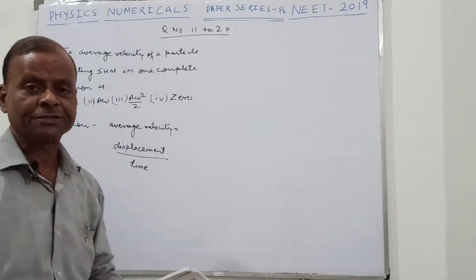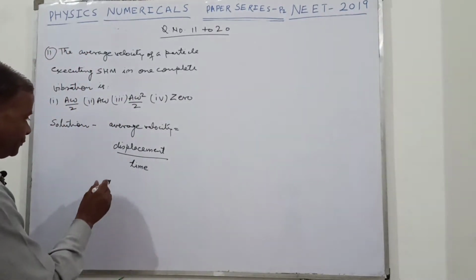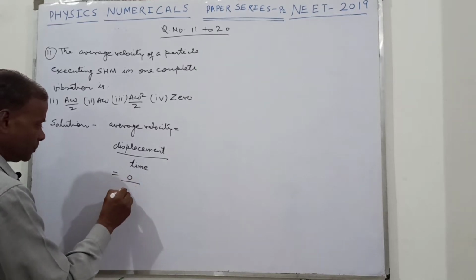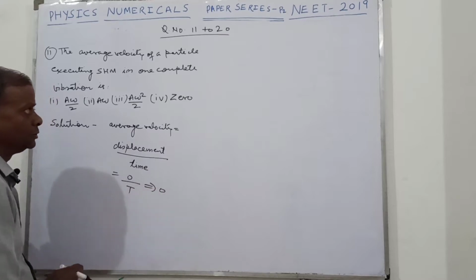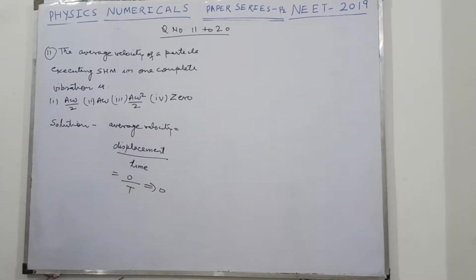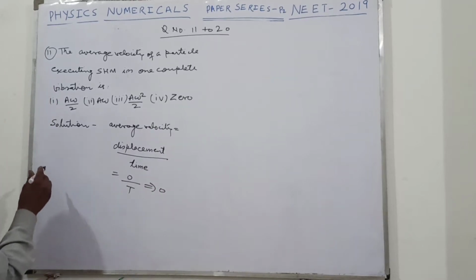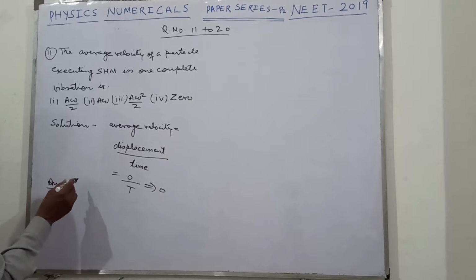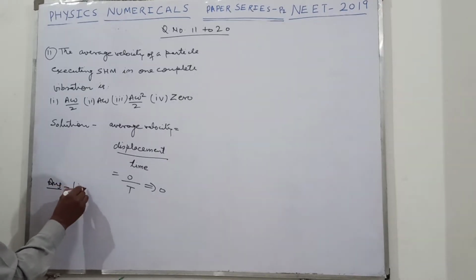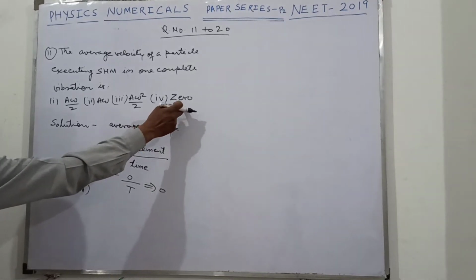In one complete vibration, the displacement is 0. So this is 0 upon time t, so this is equal to 0. So the average velocity will be equal to 0. So here the right choice of this question is fourth, 0.